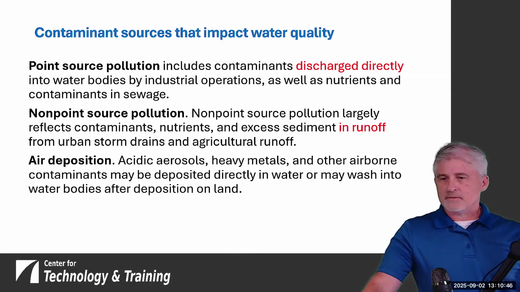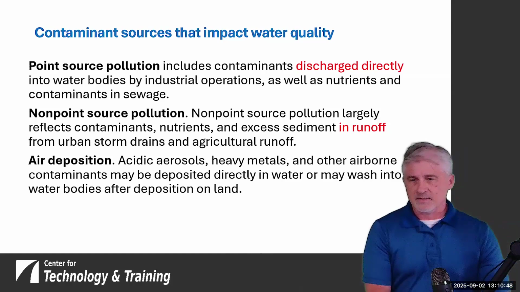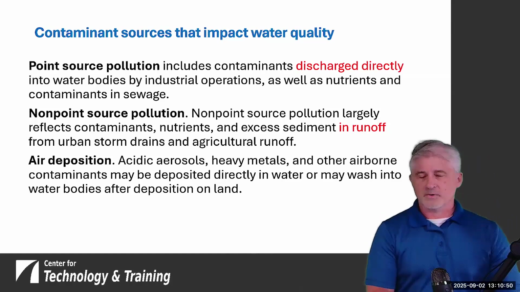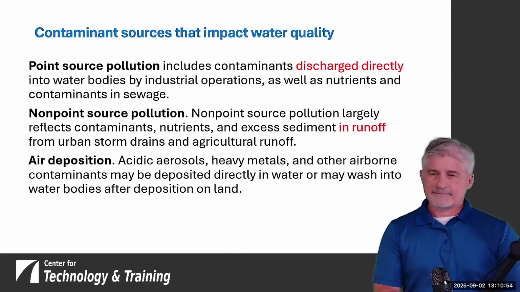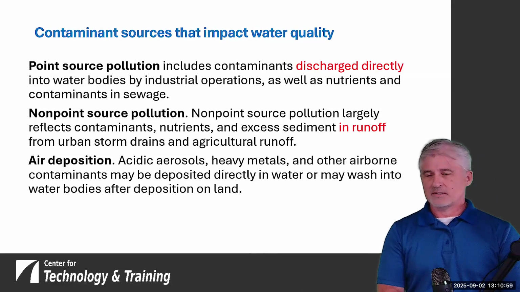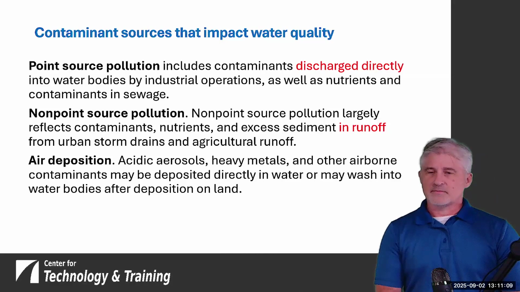And then we've got a creative name for the things that aren't those. If we call the others point source, we're going to call these non-point source. So it's pretty much everything else. It's the stuff that runs off from a farm field. It's those areas where it's hard to actually pinpoint where it's coming from, what's the source of that problem.